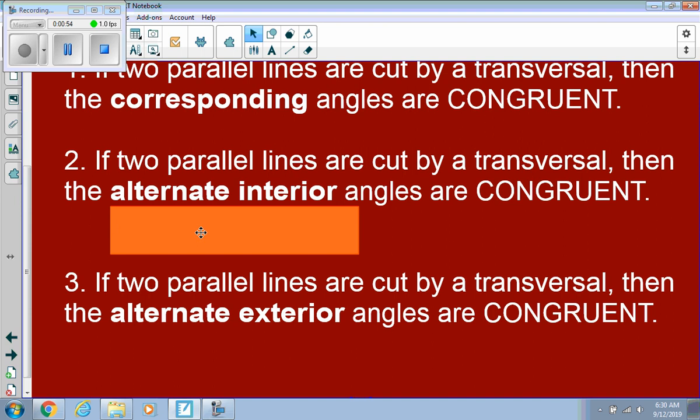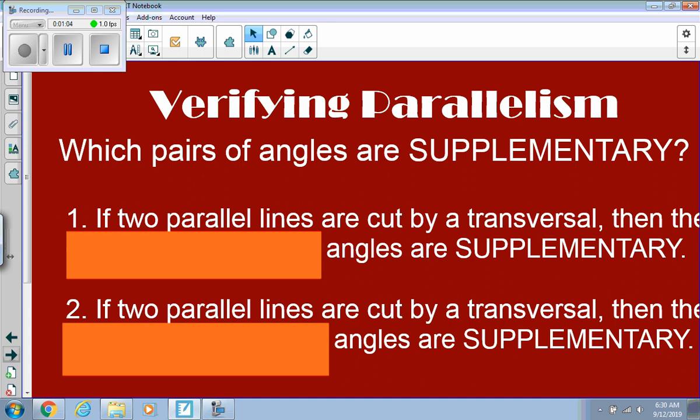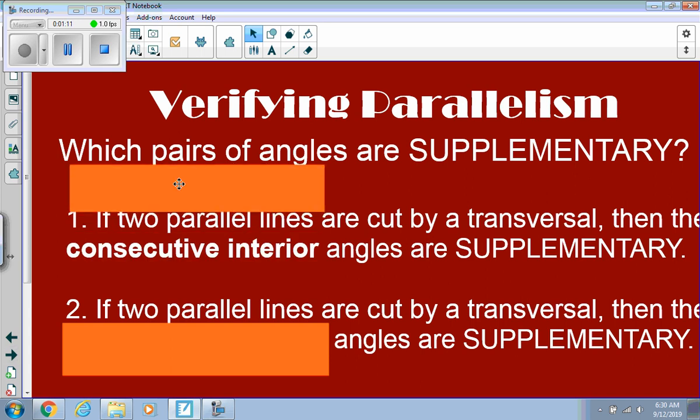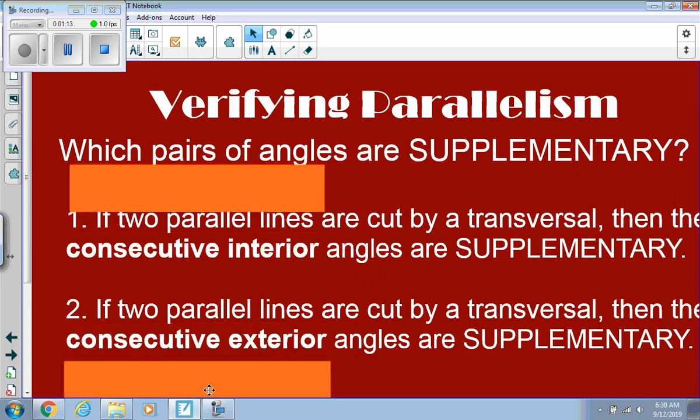That word alternate told us congruent, and then corresponding angles are always congruent if the lines are parallel. Again, these are just review of the properties that we have been talking about in class. Our supplementary angles are going to be those consecutive interior angles and the consecutive exterior angles. Remember those are always supplementary.